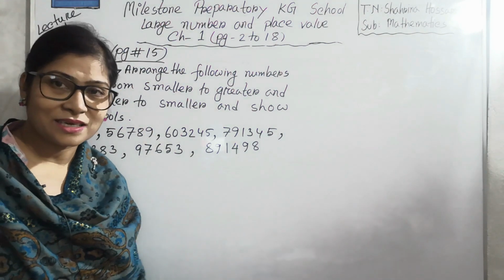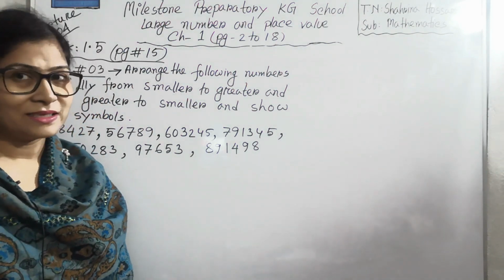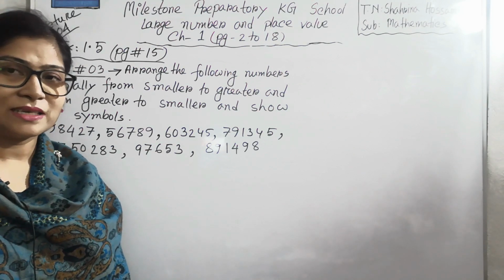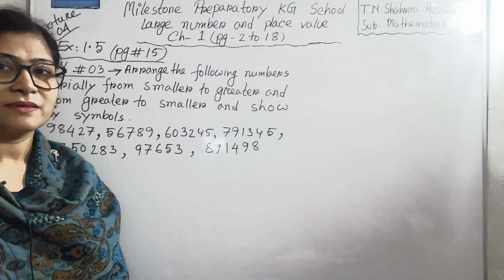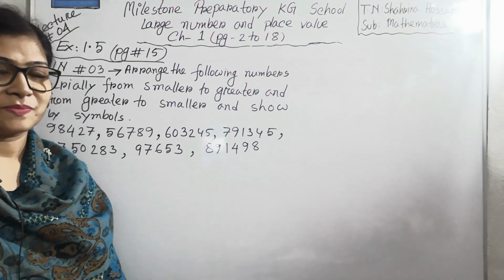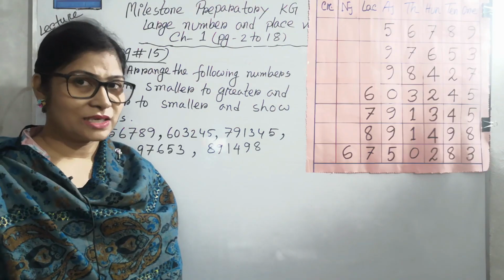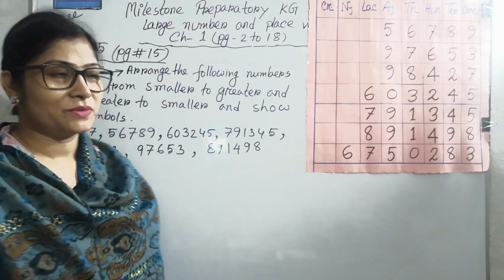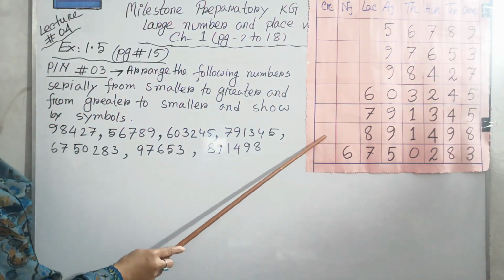By following the chart, we can easily arrange the given numbers. Okay, so get ready, open your copy and at first make a chart. I already made a chart for you. Look at the board. See, here is the chart.